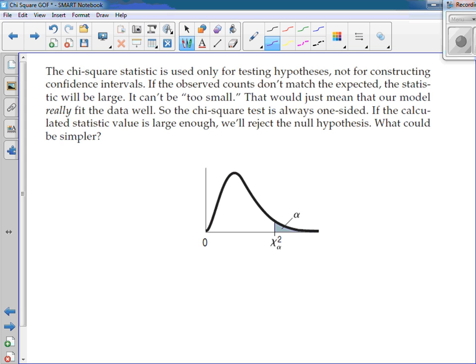Because of that, we're always looking at the upper tail of our chi-square model. So we're always using chi-square CDF, with chi-square as the lower bound and infinity as the upper bound, and that gets us our p-value. Our conclusions about the p-value being high or low are about the same. If it's low, you reject. If it's high, you fail to reject.